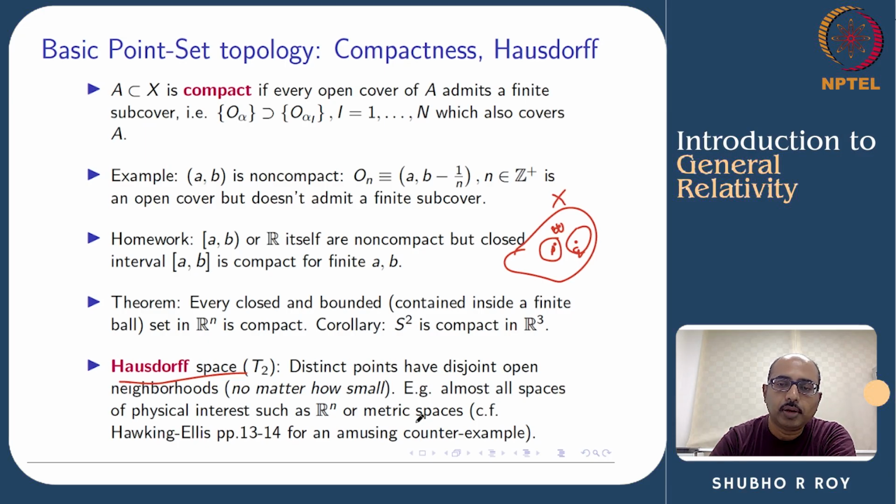Almost all physical space examples I know are Hausdorff. In Hawking and Ellis, pages 13 to 14, you can find a very funny counterexample, which demonstrates how contrived it is; you have to really work hard to construct a space which is not Hausdorff. So most of the time, I will take it for granted that all of the spacetimes I consider in relativity are Hausdorff.